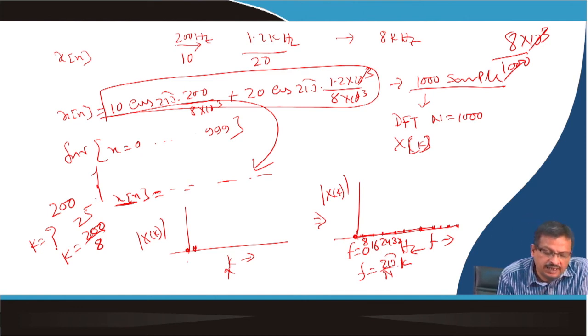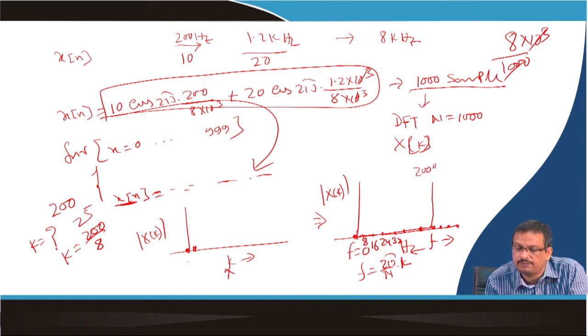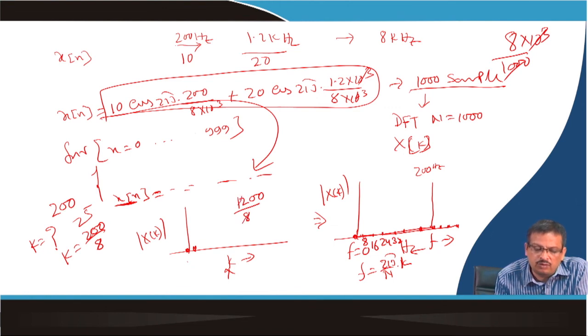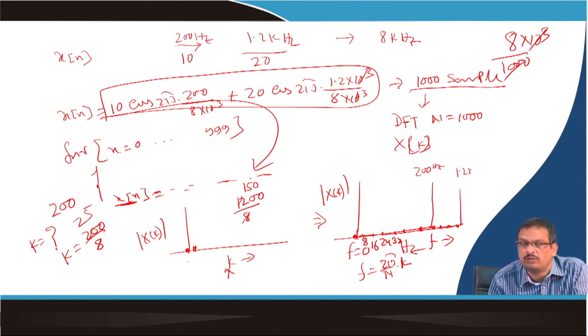So at k equal to 25, I get the 200 hertz component. And then 1.2 kilohertz: 1.2 kilohertz divided by 8, so I know at k equal to 150, I get the 1.2 kilohertz component.